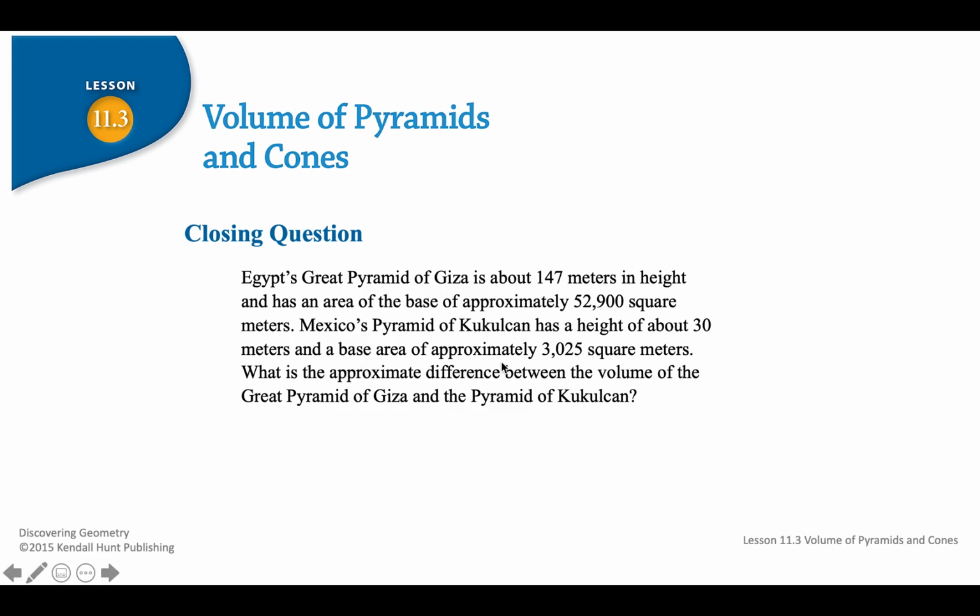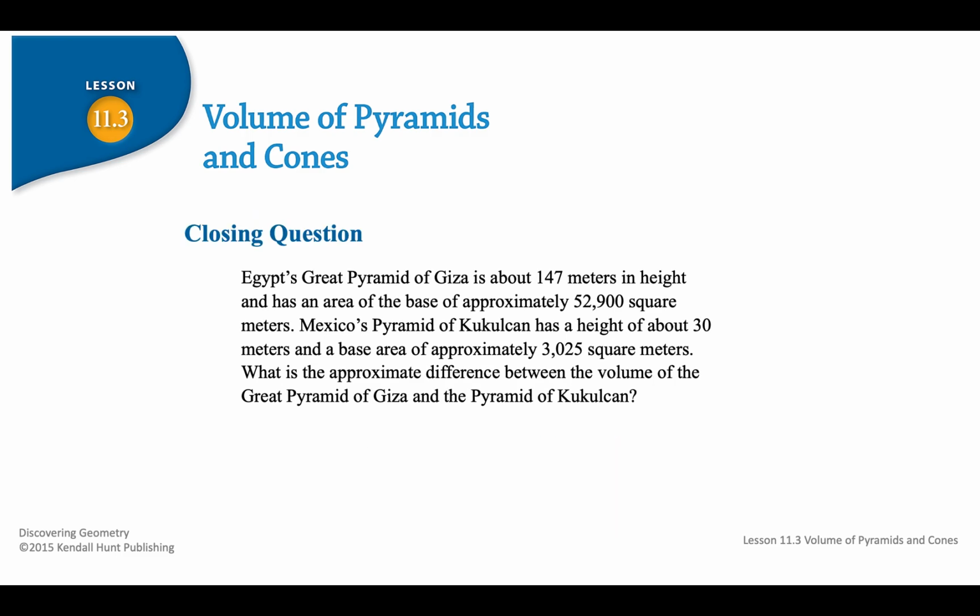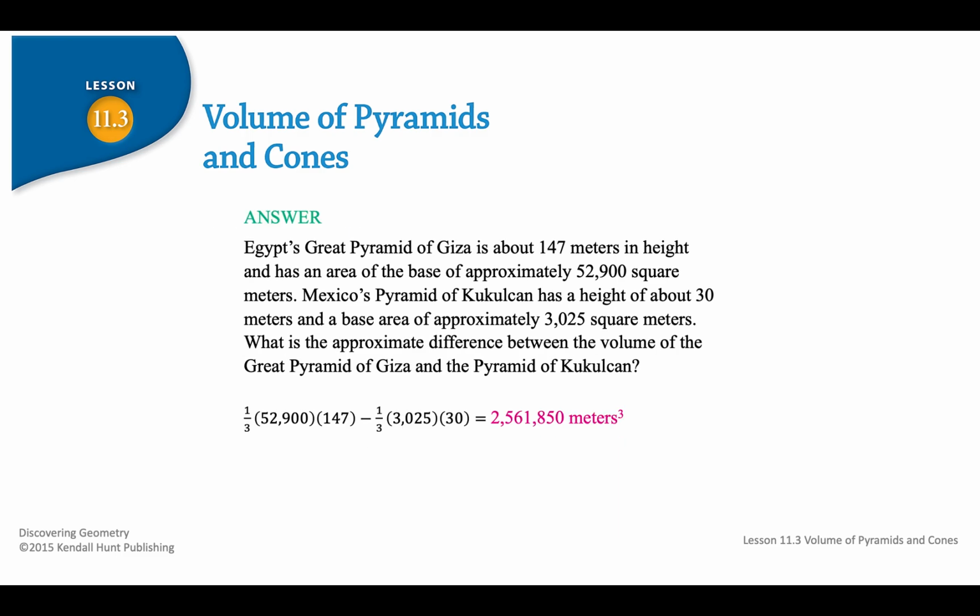What is the approximate difference between the volume of the Great Pyramid of Giza and the Pyramid of Kukulcan? I'll show you that right away, but we use our formula because it's a pyramid, so we use 1/3 times the base area times the height for each pyramid.